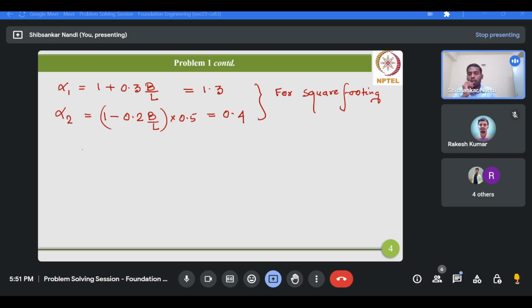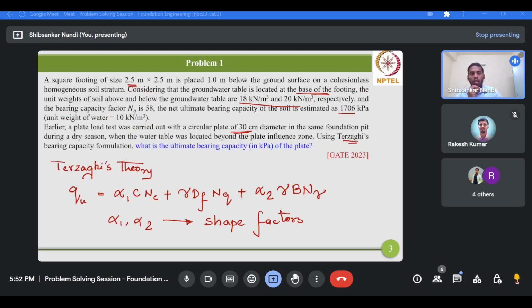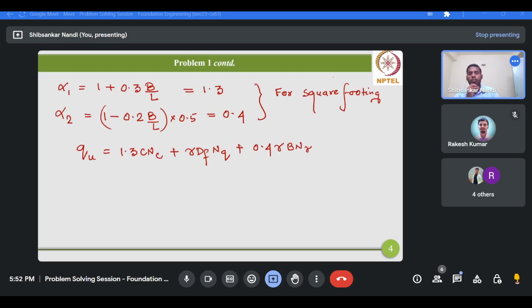Okay, so therefore the expression will be modified in this fashion: 1.3 c Nc plus gamma Df Nq plus 0.4 gamma B N gamma. Now please read the statement very carefully, that this footing is constructed on a cohesionless homogeneous soil stratum. So that means the c value is 0. The first term will vanish.